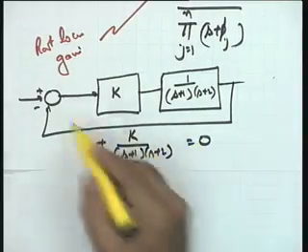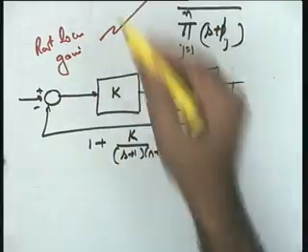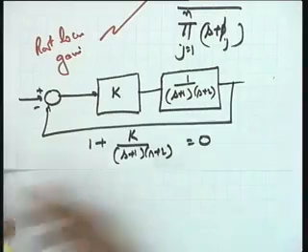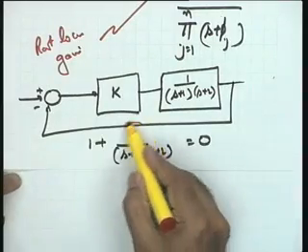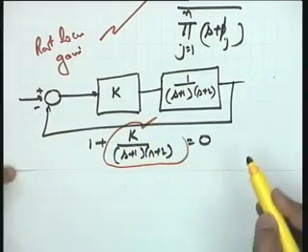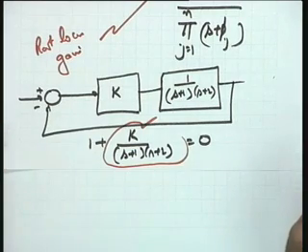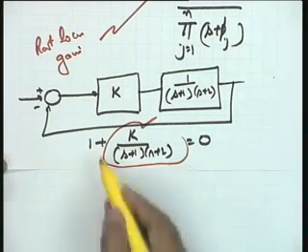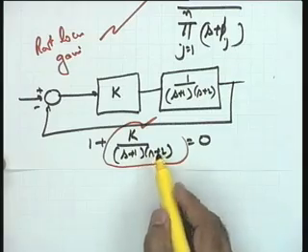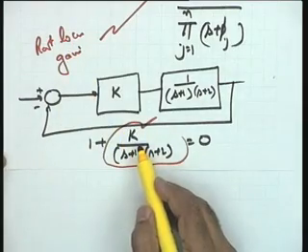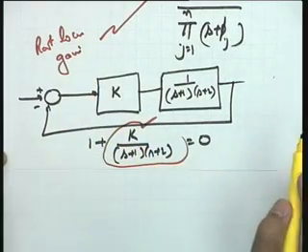So naturally, F(s) can be identified as this quantity, which consists of the amplifier gain K and the plant transfer function 1 over (s plus 1)(s plus 2). So in this particular case the root locus gain is nothing but the amplifier gain.